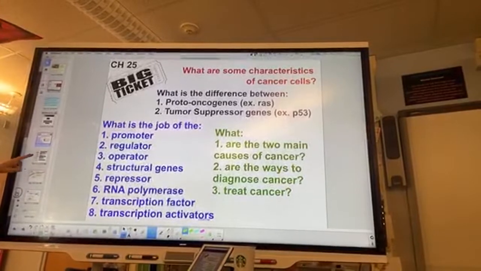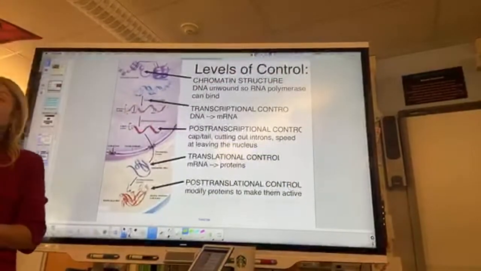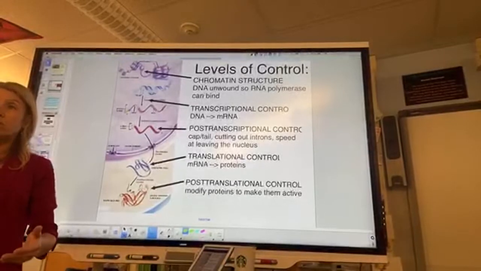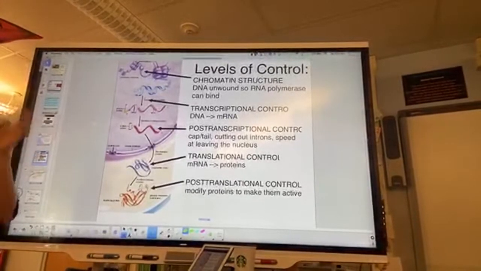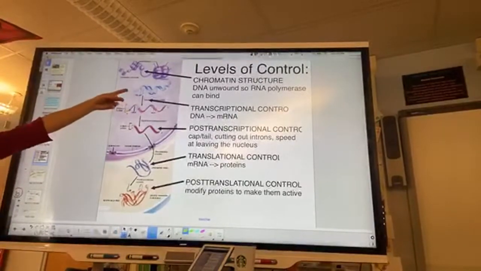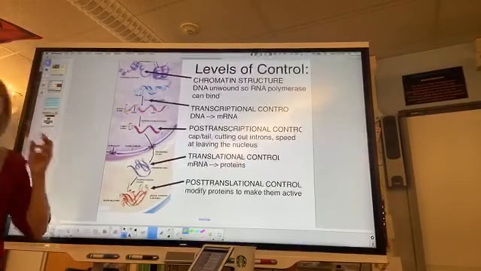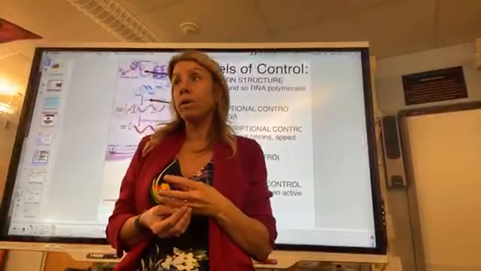All right. So in a eukaryotic cell, when we looked at levels of control, you want to be able to differentiate the levels of control, and then we'll go back and talk about a prokaryotic cell. If your DNA is tightly coiled and put away, then you're talking about chromatin structure. Your best example for that was Barr bodies. Do you remember what Barr bodies were?